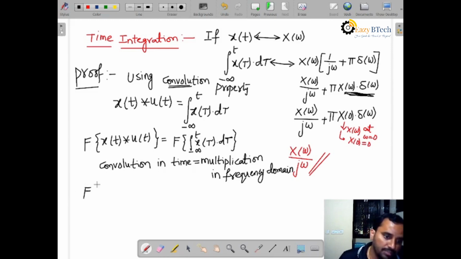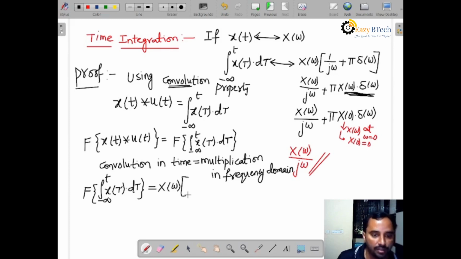So the Fourier transform of the integral from minus infinity to t of x of tau d tau will become a multiplication in the frequency domain. The Fourier transform of x of t is X of omega, multiplied by the Fourier transform of u of t. Already we discussed that the Fourier transform of u of t is 1 by j omega plus pi del of omega.